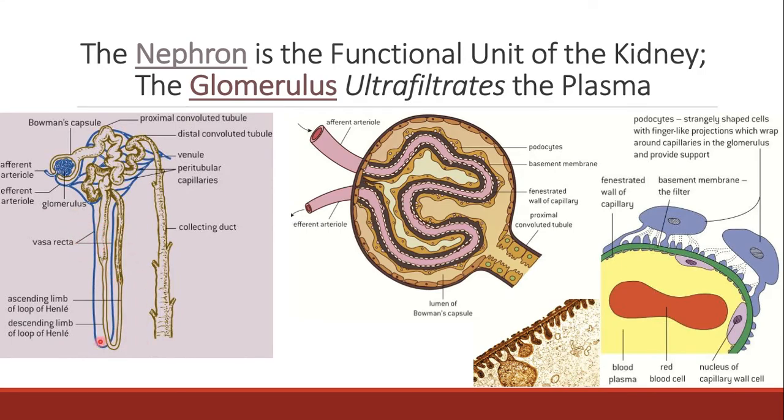And basically, the loop of Henle is causing us to make very concentrated urine. Again, water is hard to come by for most organisms, so you don't want to waste water. You don't want to just pee out water when you need to keep that water inside of your body to stay hydrated. So the loop of Henle is going to help to do that.